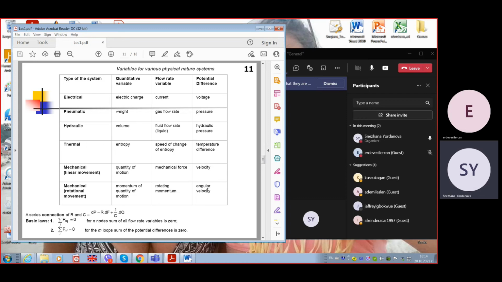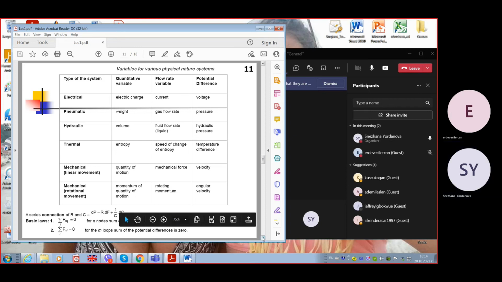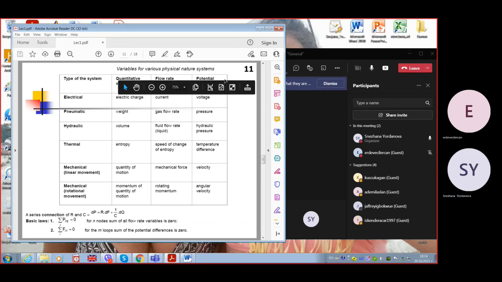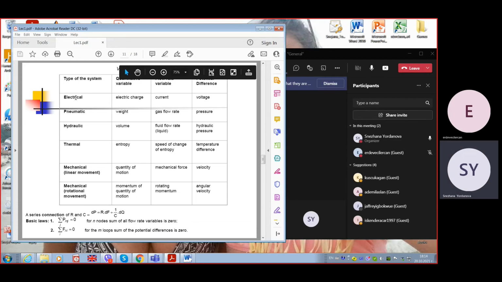But the most important thing in this transformation, due to the isomorphism between systems of different physical nature, this means the possibility to use analogous variables and elements to build a model of a more complicated system, and the model finally to be electrical.